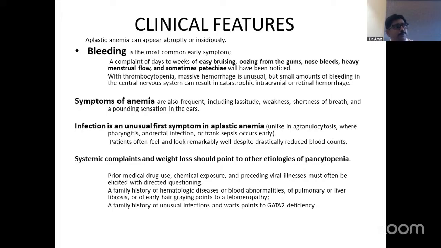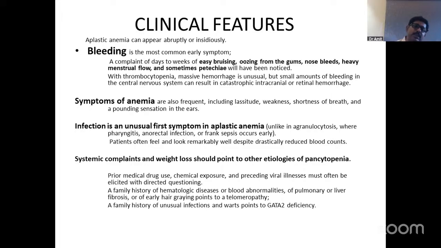Symptoms of anemia are the second most common presentation, where lassitude, weakness, shortness of breath, and a pounding sensation in the ears are some of the anemic features which the patient may present with. It appears to be very innocuous, and the patient gets overlooked because of these innocuous symptoms. But we need to look very carefully at the blood picture.